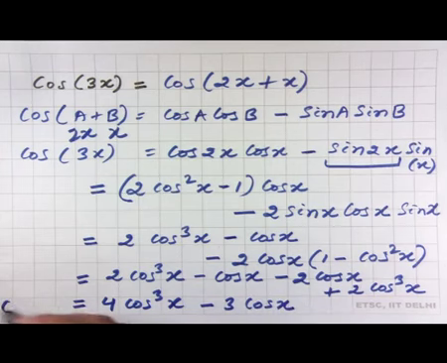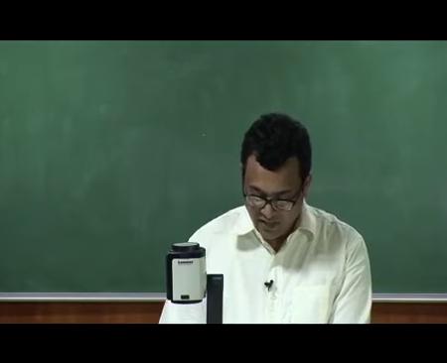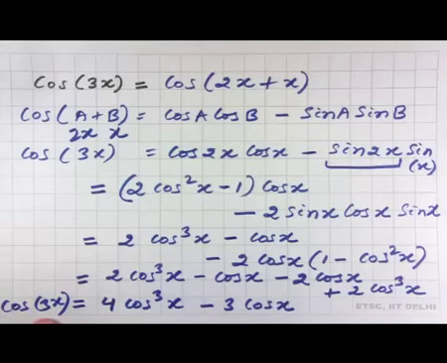So, that is cosine of 3x. So, this formula helps you, so if you know the value of cosine of x, you can very easily compute the value of cosine of 3 times x.